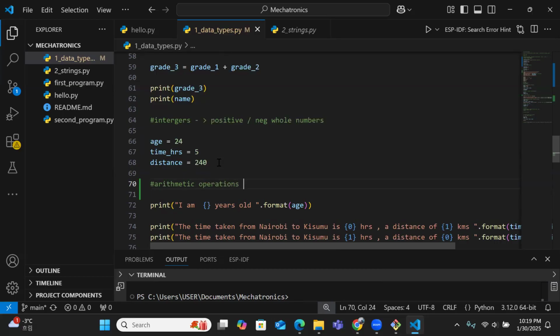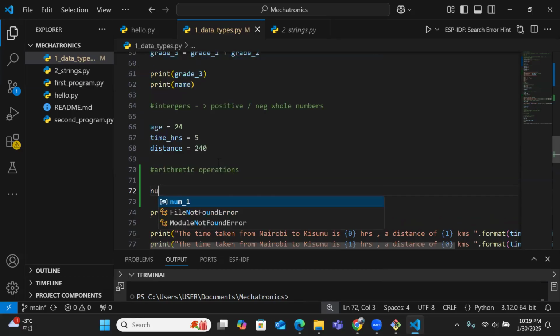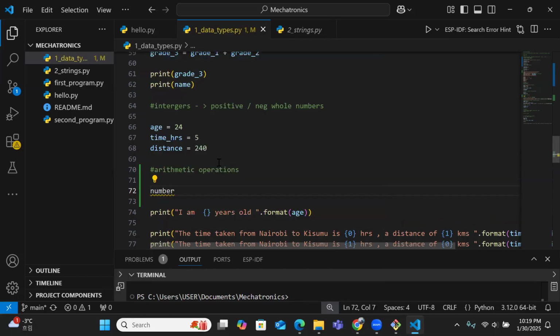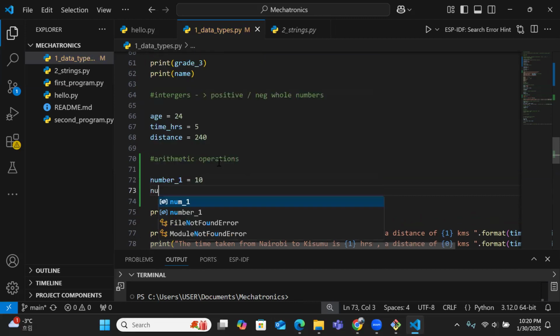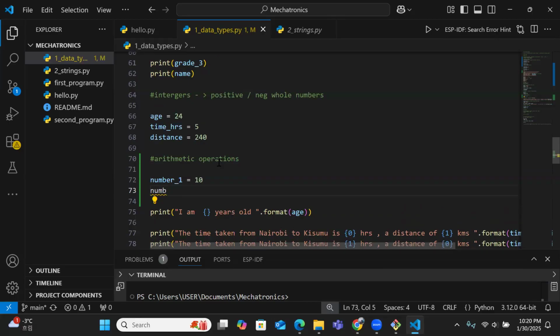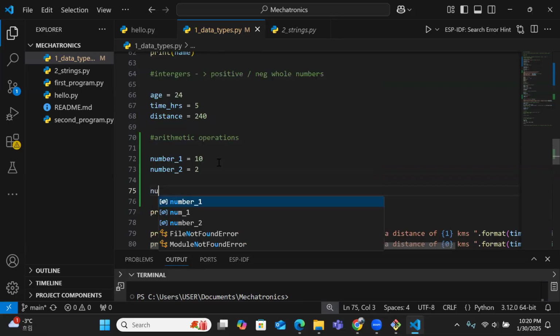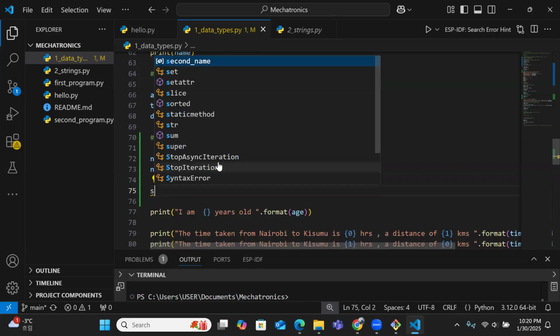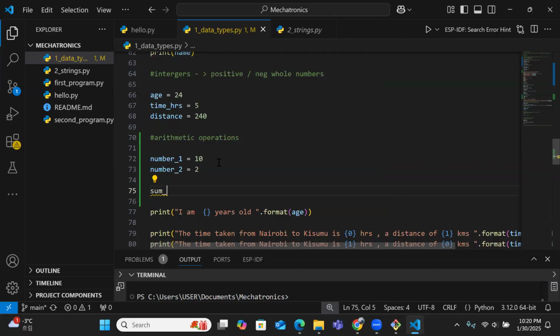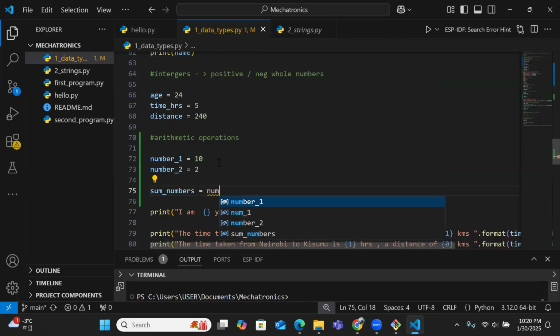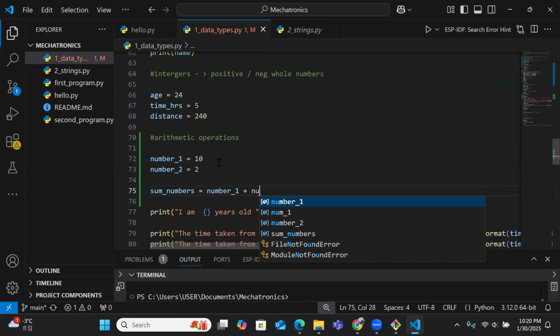If we have number1 is equal to 10, and number2 is equal to 2, then we can add them. Sum of the numbers is number1 plus number2.